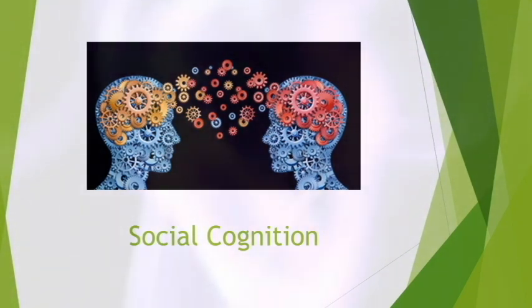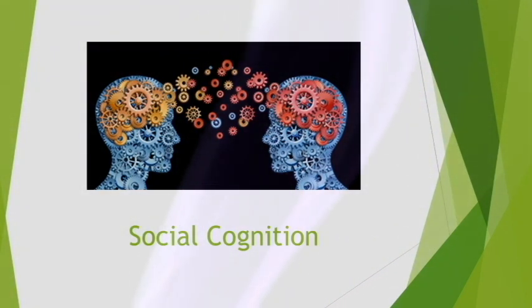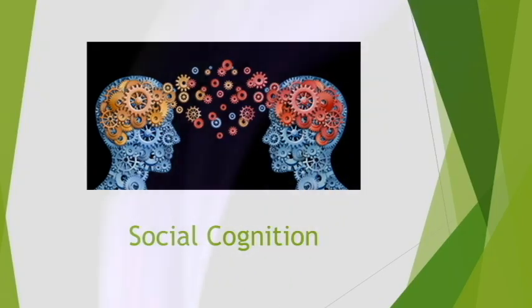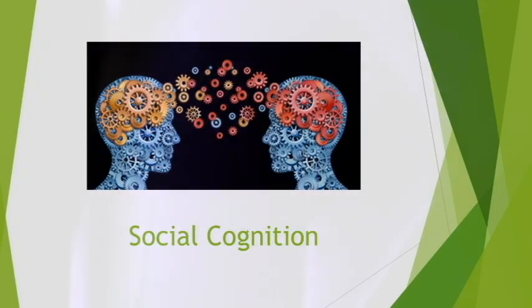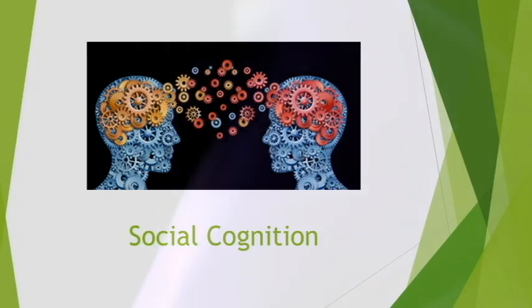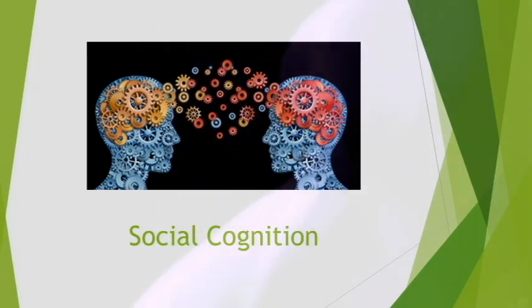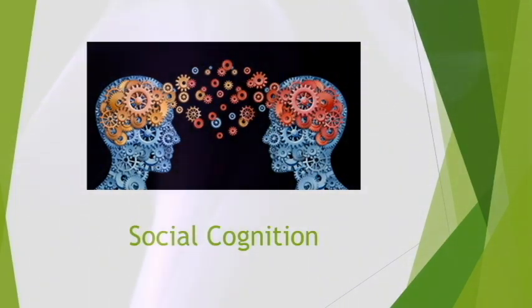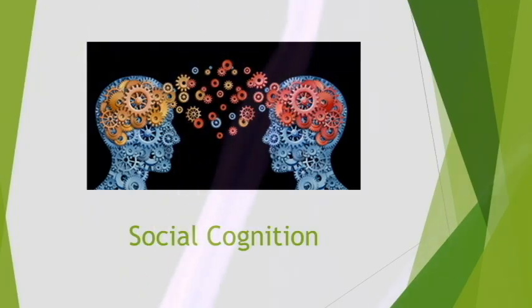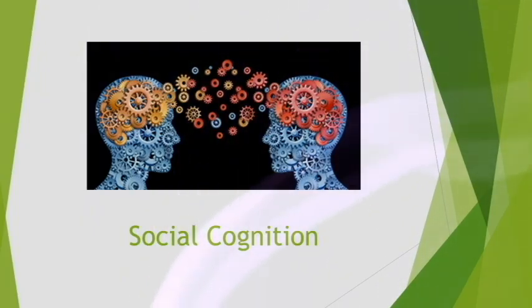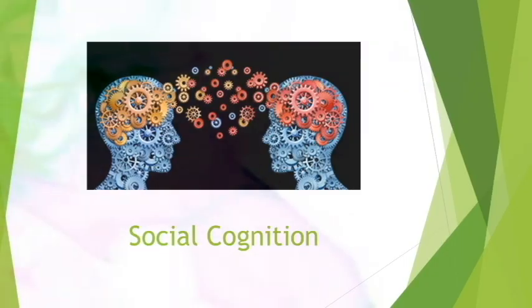Now, the second theme that I wanted to explore is social cognition, which focuses on how people process and store and apply information about others and about social situations. It's about how we think about our social world, how we make sense of other people's behaviors, how we form impressions and navigate complex interactions.